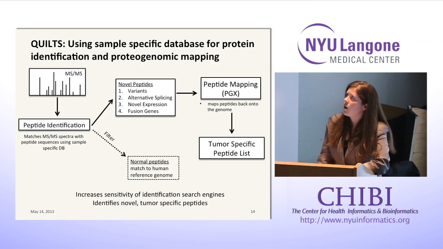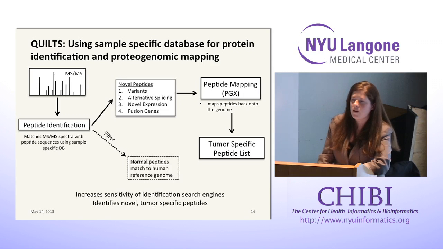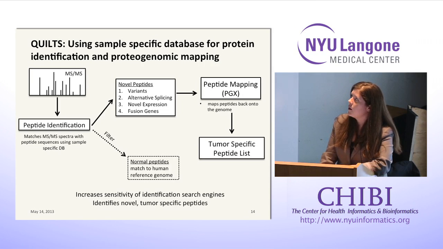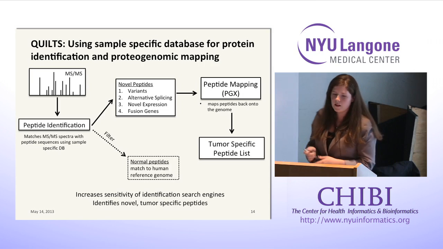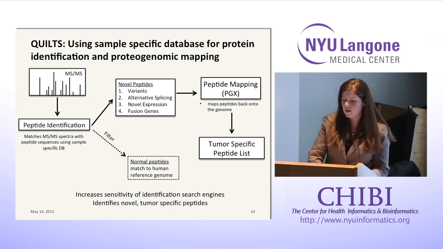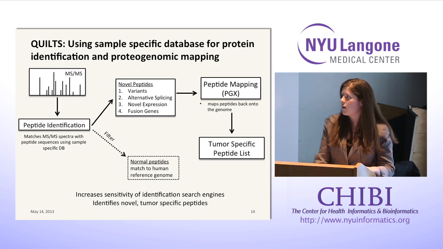And we then use a tool which was developed by David and Manor Ashkenazi, which I'll discuss in detail in a little while, called PGX, which maps these peptides back onto the genome. And this gives us our tumor-specific peptide list. And this process of identification increases the sensitivity of identification compared to normal search engines. And it allows us to identify these novel tumor-specific peptides.